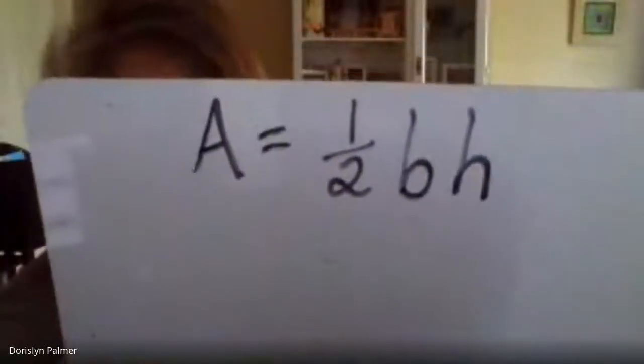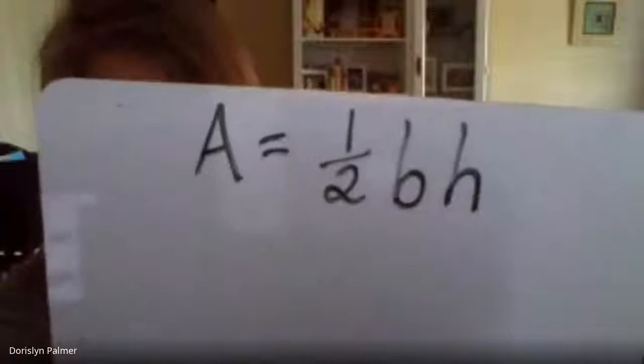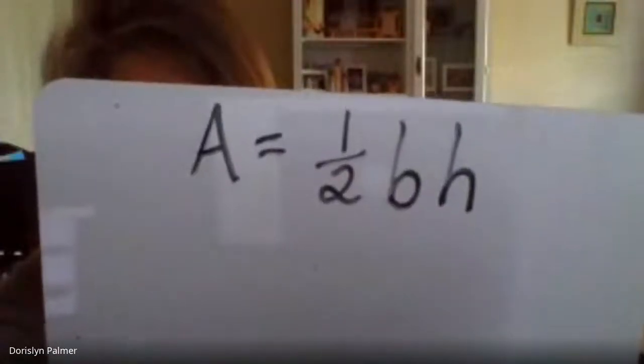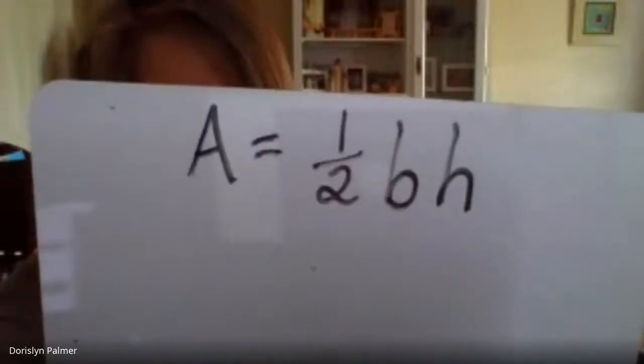Cassie, what's the formula for area of a triangle? Half times base times height. Excellent. Okay. So in your book, next to that problem, we're going to do your work, write the formula. Okay, that's step 1, write the formula. Step 2, fill in what you know. Each piece has a height of 6.